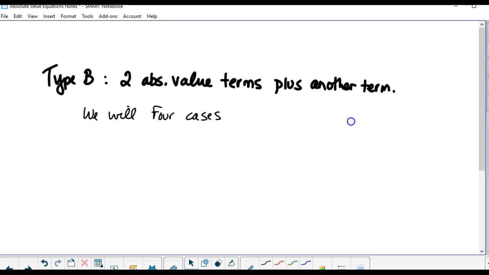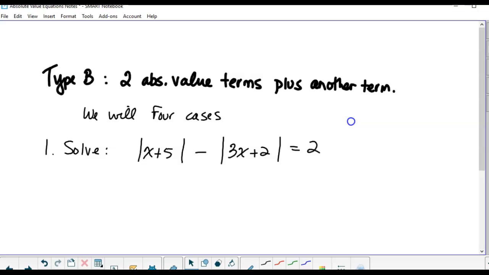I'd rather just verify through that algebraic, basically it's arithmetic, to verify rather than looking at the domain and where that solution domain fits into it. So I'm going to do 4 cases and then verify algebraically. So solve here, we're going to solve absolute value of x plus 5 minus absolute value of 3x plus 2 equals 2.